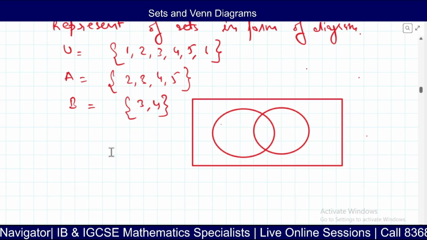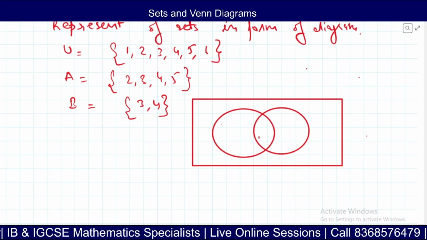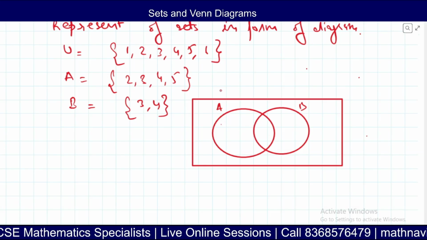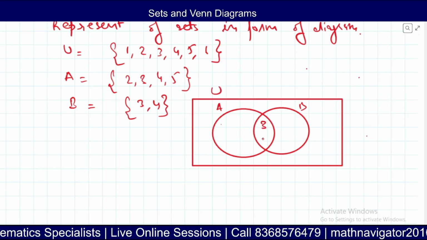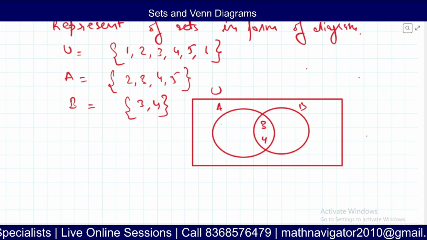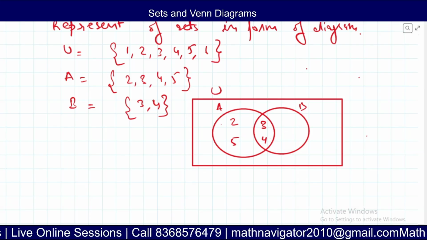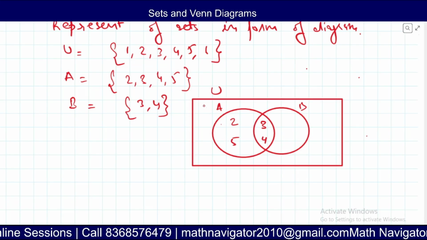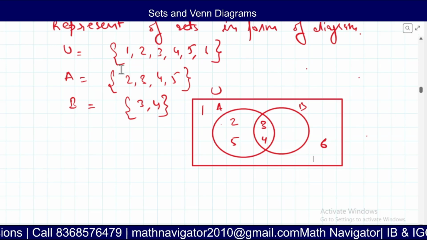Right. So a set is always represented like this. This thing is my intersection. Let's call it A, let's call it B. Whatever is present in both, 3 and 4, I'll put 3 and 4 here. Which is present in A: other than 3 and 4, I have 2 and 5. So 2, 5. And then B is only this much. And then the universal set is 1, 2, 3, 4, 5, 6. So 2, 3, 4, 5 are here, so 1, 6 will come here. This is how we represent a set.